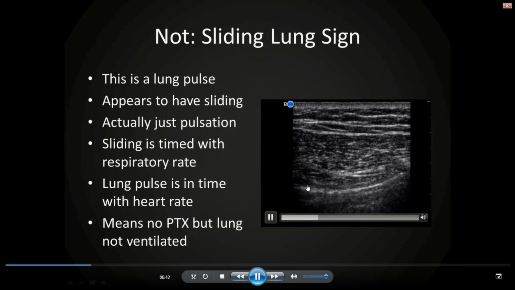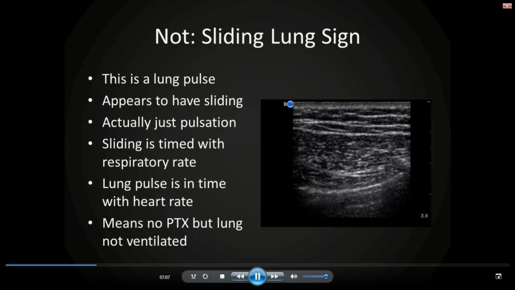Remember, sliding should be timed with the respiratory rate because it effectively reflects the lung being ventilated, expanding and contracting. This pulse is timed with this subject's heart rate. So it's a nice normal heart rate. They're not tachycardic, but we could actually put fingers on their radial artery and time the pulsation.